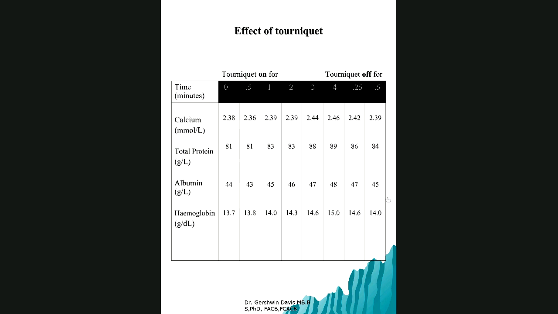So small molecules, things like water, leave the intravascular compartment, and the larger molecules, the proteins, stay within your intravascular compartment, and the value increases. The thing about calcium is that calcium is actually bound to protein, and hence it increases. So let me just take a few minutes and see. Tell me what happens when the tourniquet actually comes off. Take a minute and think about it.